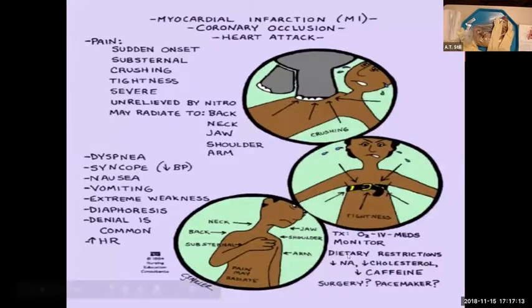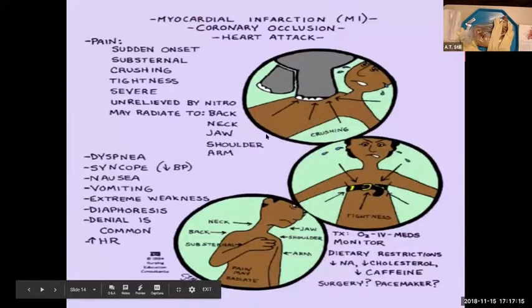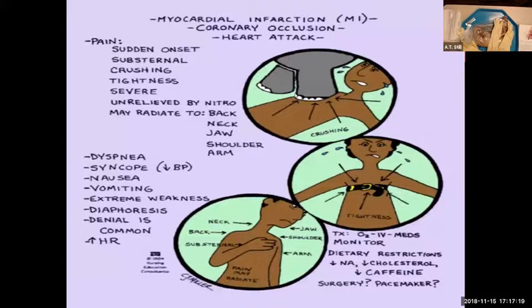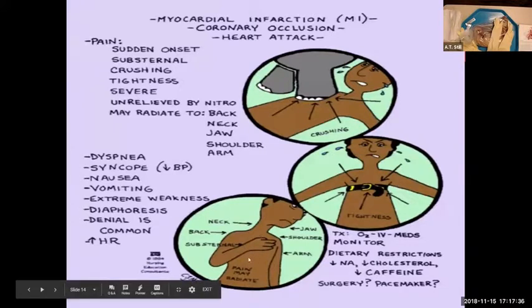So some symptoms that people feel when they're having a heart attack: they might say that they have crushing chest pain, or it feels like an elephant is standing on their chest. It's sometimes also described as a tight chest pain, like somebody wrapped a belt around their chest and tightened it up. They can have chest pain, but they can also have pain in their back and in their neck.